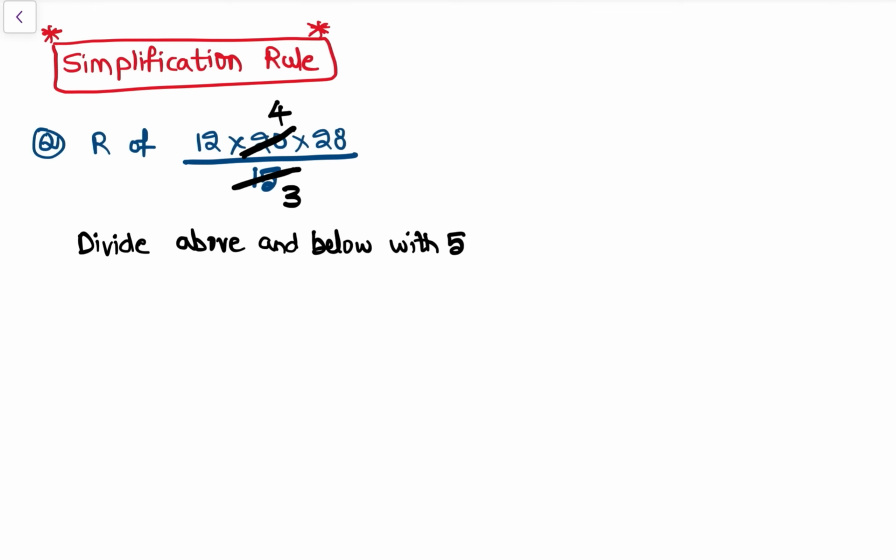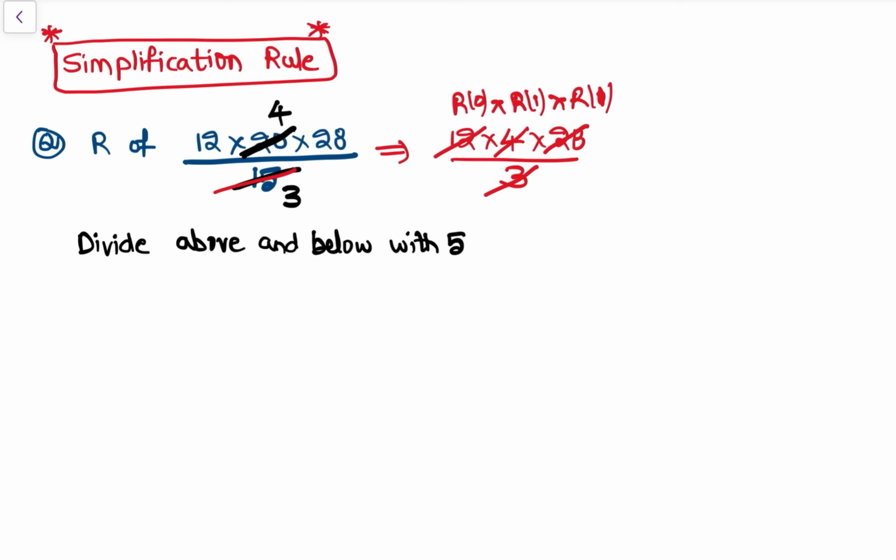So now it has become, तो मेरे पास ये इक्वेशन बन गया 12 into 4 into 28 upon 3. बस ये 3 से इजी है. 3 4s are 12, so remainder is 0; into 3 remainder is 1, 27, so remainder is 1. 0 into 1 is 0, so overall remainder is 0, और इजी हो जाएगा. एंड इधर जो 5 से डिवाइड किया तो इधर 5 से मल्टीप्लाई कर 0 into 5 is also remainder 0. So further सिंप्लीफिकेशन से और इजी हो जाता है प्रोडक्ट कैलकुलेट करना रिमाइंडर.